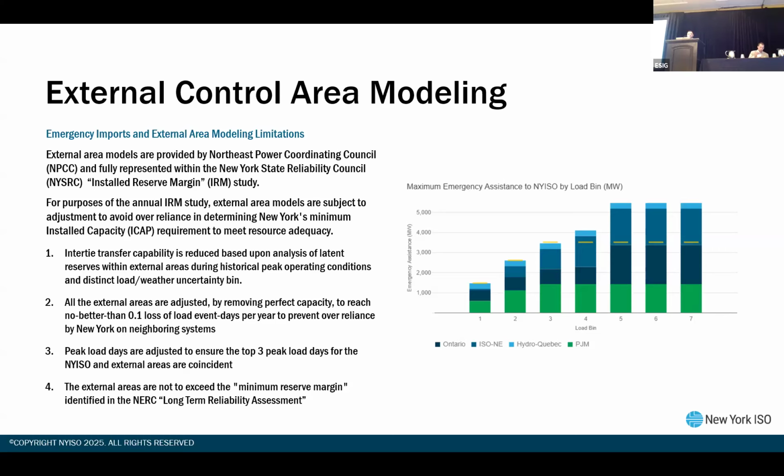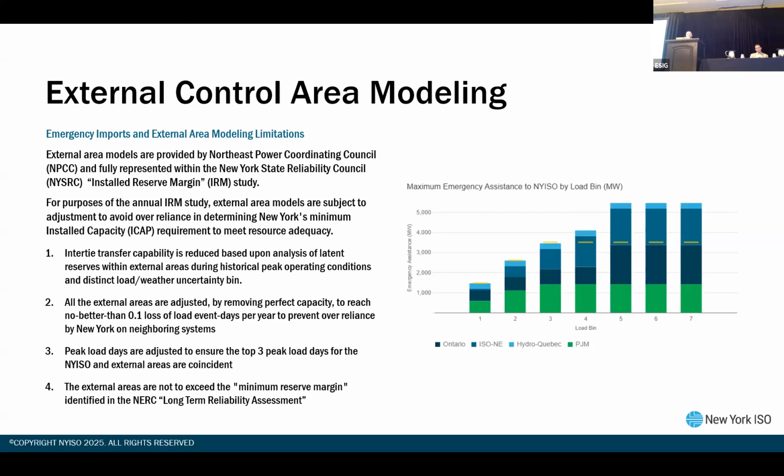And thirdly is really just a risk tolerance approach, which is that in order to really prevent over-reliance on emergency imports, you don't want to just take a model at face value and assume that whatever is coming into your model is going to be there in operations. And so what we actually settled on, and this has been practiced for a number of years, but is continuing, is to really try to limit the reliability level of the modeled system that you have with your neighbors.